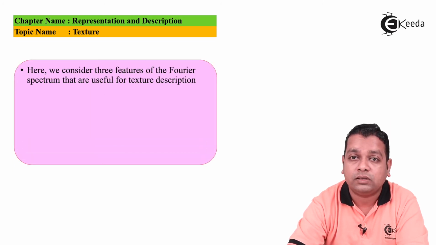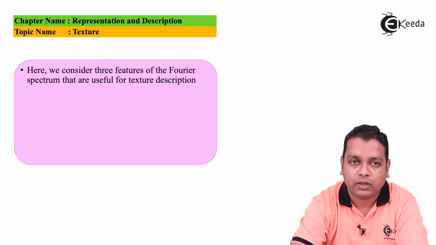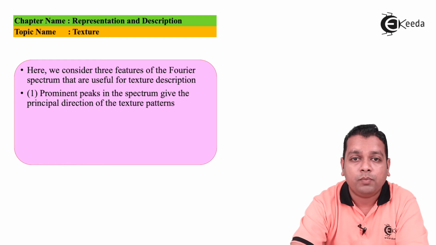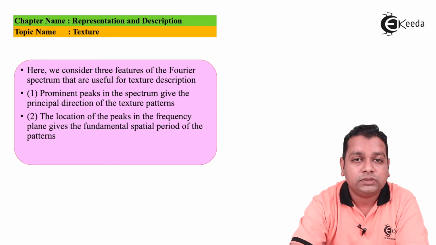Here we consider three features of the Fourier spectrum that are useful for the purpose of texture description. The first one is that prominent peaks in the spectrum give the principal direction of the texture pattern. Second, the location of the peaks in the frequency plane gives the fundamental spatial period of the patterns.